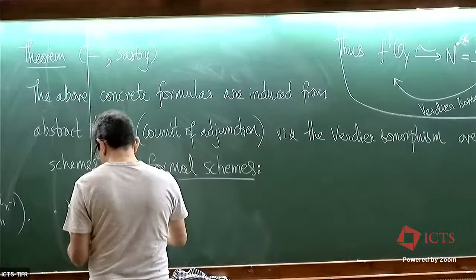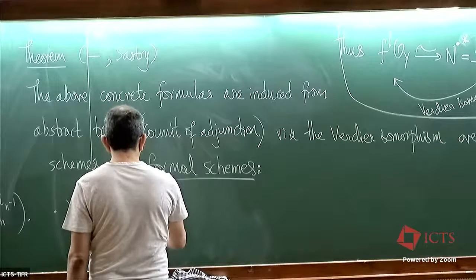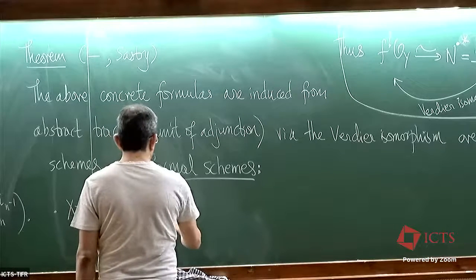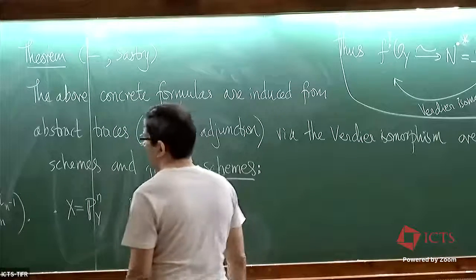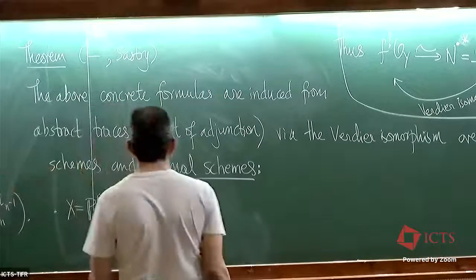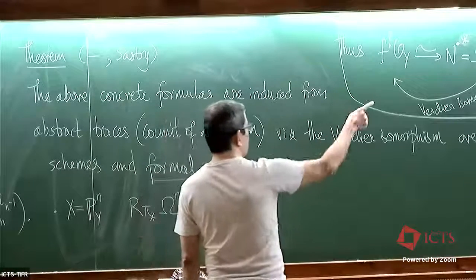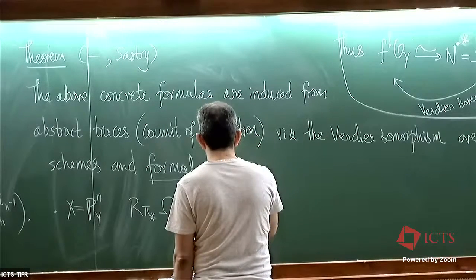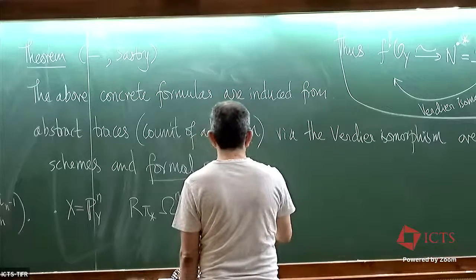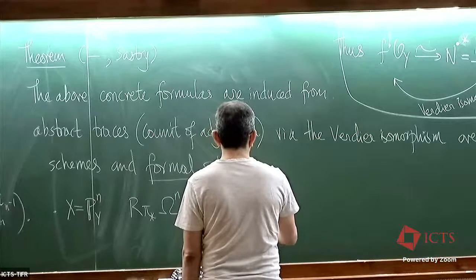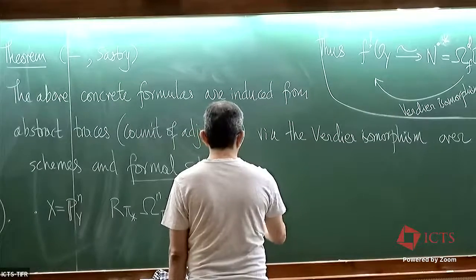Look at R pi lower star omega n pi lifted by n. I'm not going to use that isomorphism. Instead, I'm going to use the Verdier isomorphism. This is why Verdier. Then I'm going to put R pi lower star pi shriek OY.